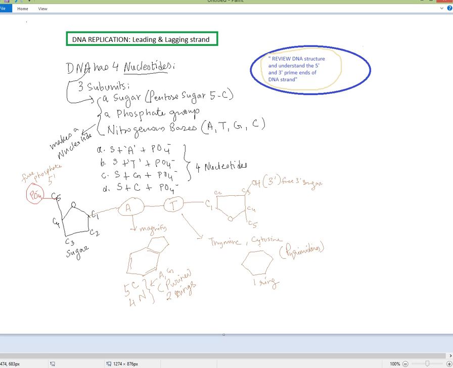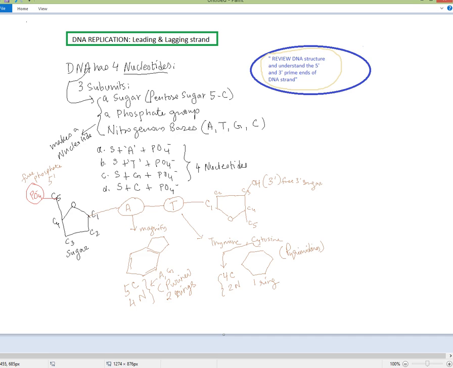It's a bigger molecule than thymine and cytosine, which have 4 carbons and 2 nitrogens.